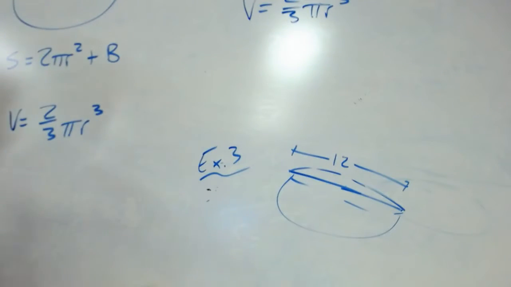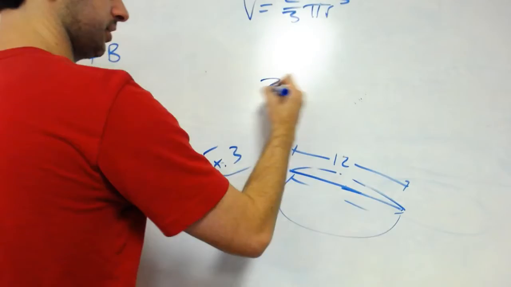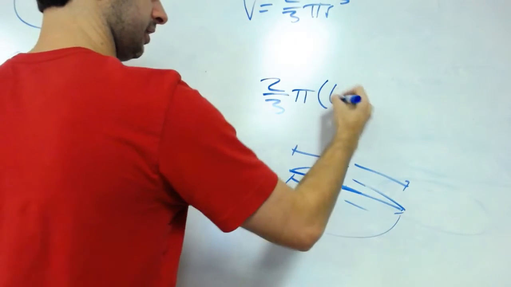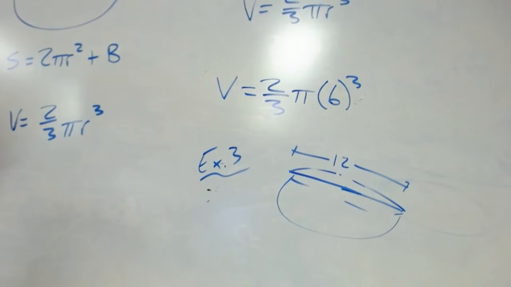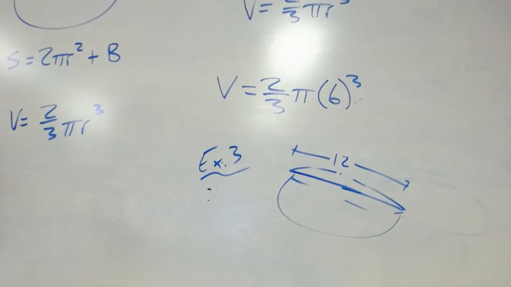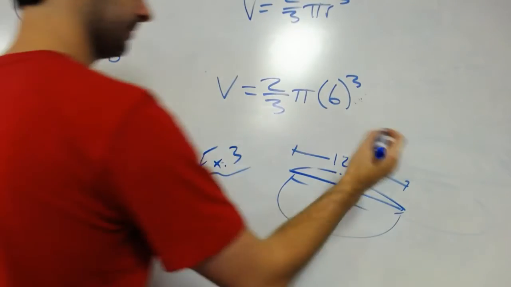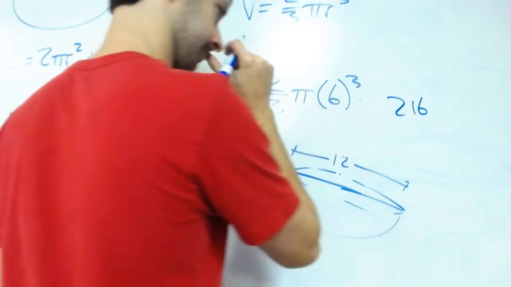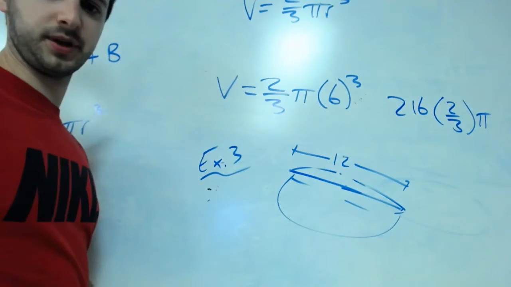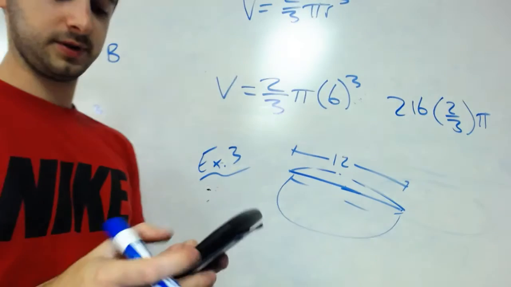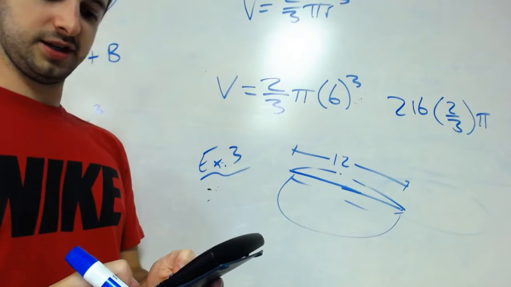Well, this is the diameter, so that means our radius is 6, so 2/3 pi 6 cubed. 6 cubed would be 216 times 2/3 pi. So once again, I'm going to multiply 216 times 2 and then divide by 3.